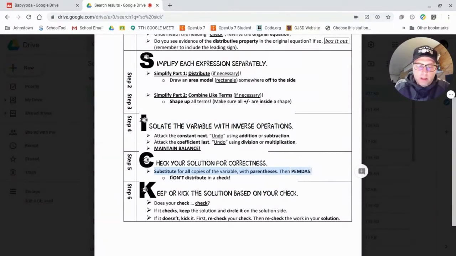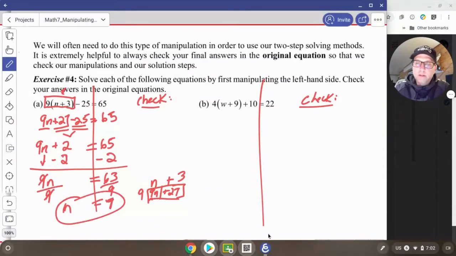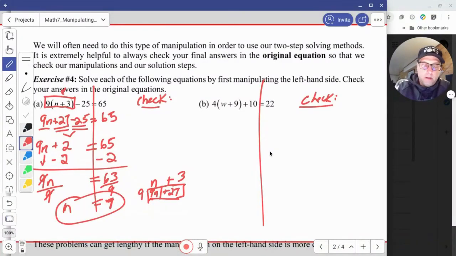And we do not distribute in a check. Now, technically, you can distribute in a check, but truth is, you shouldn't. So here's the check. We're going to rewrite the original. 9 times n plus 3 minus 25 equals 65.